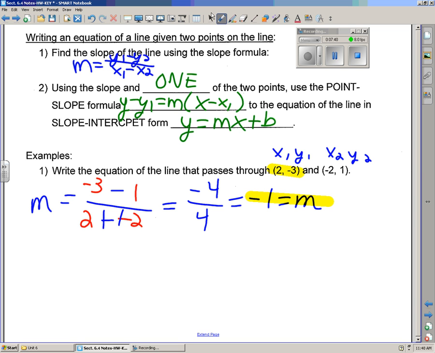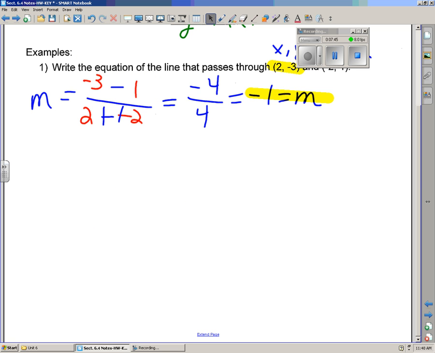And then with this, you now go back to point slope. Let me just raise this up a little bit. So now we're going to say, okay, I need to do y minus y1 equals m, x minus x1.